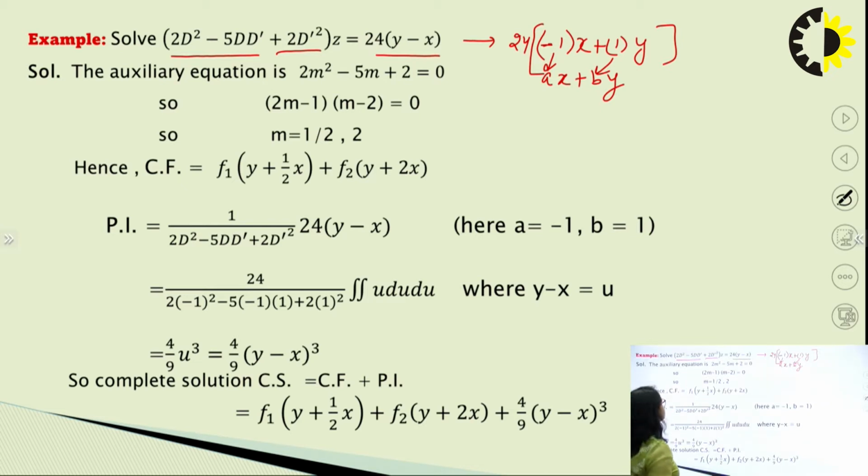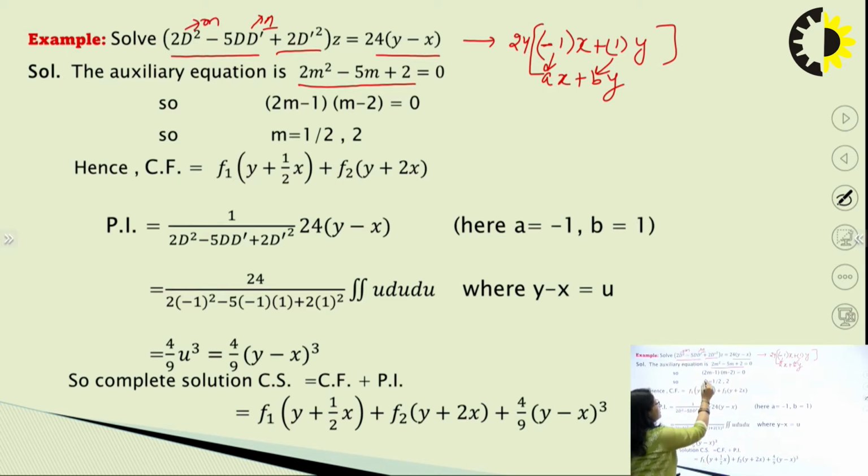So first of all, since we have to solve, we have to find the complementary function using the auxiliary equation. The auxiliary equation is 2m squared minus 5m plus 2 equal to 0. We have replaced D by m and D' by 1.